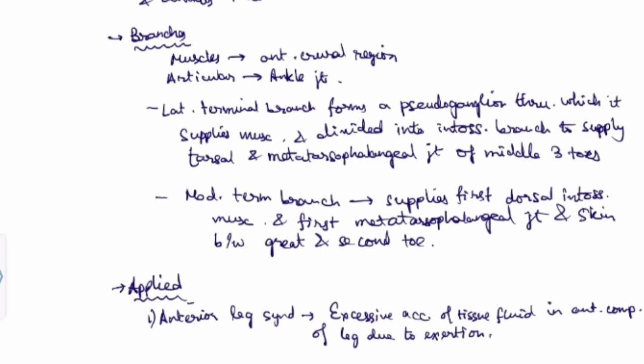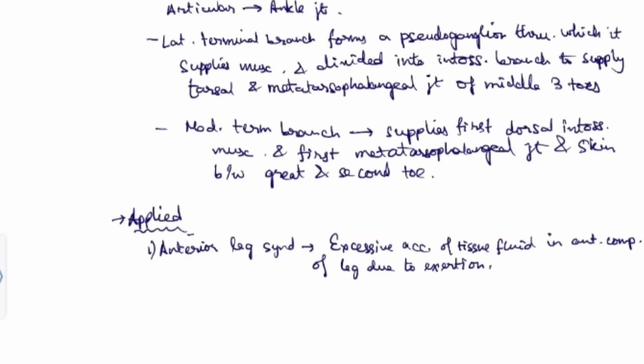This is basically an applied anatomy of the anterior compartment of the leg. This is what we can actually give about the deep peroneal nerve. It's a deep-seated nerve, not much irritated by any kind of problems.